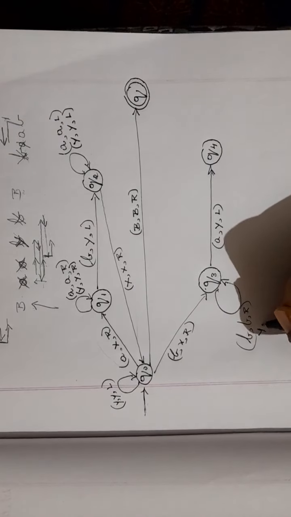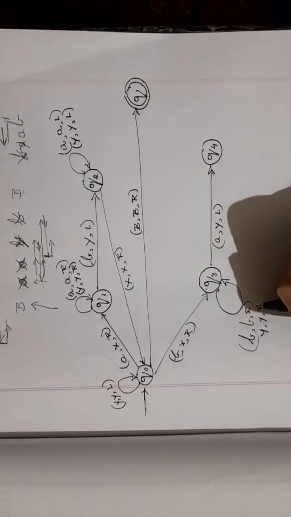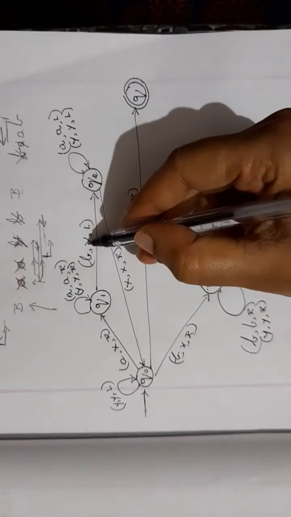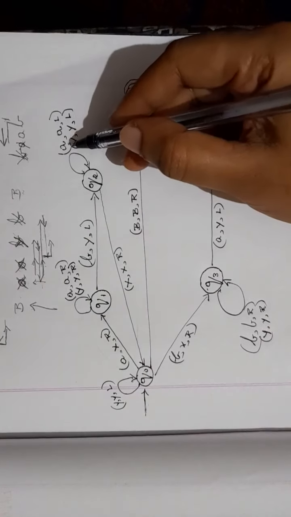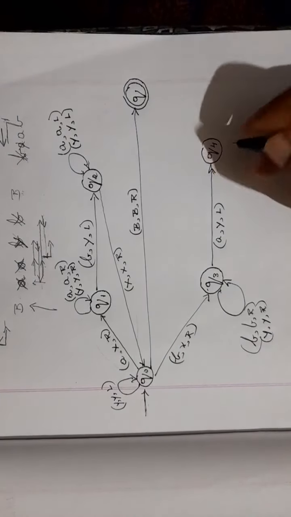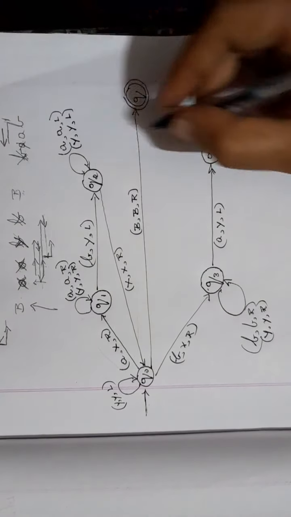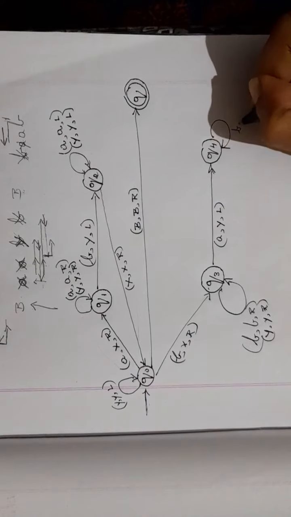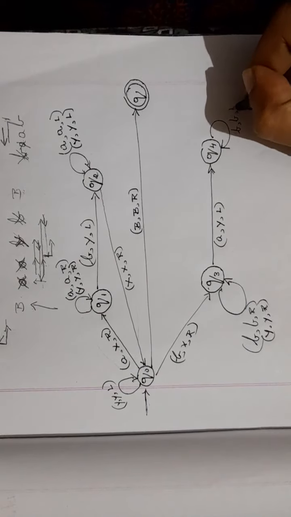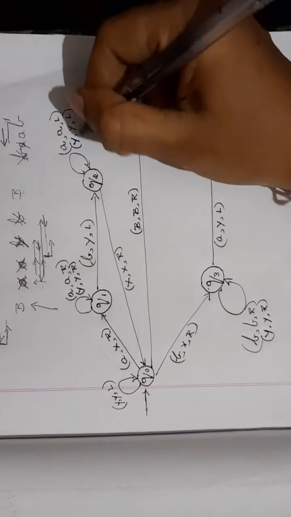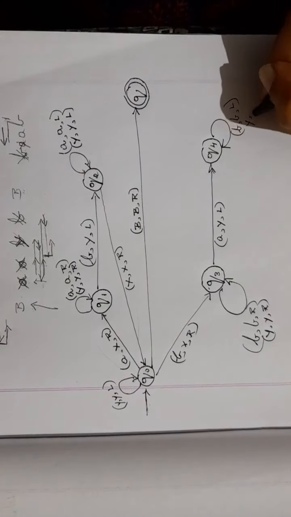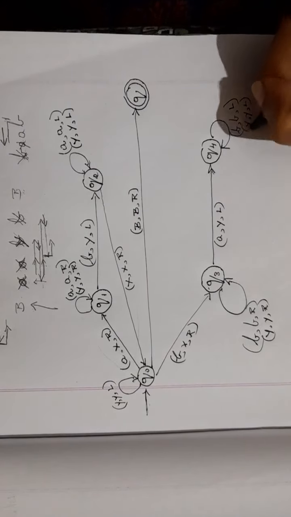So Y, I'll keep it as Y itself and then I will move right. So this is done. Here I have a loop again. So this is with respect to A, here it will be with respect to B. So for every B, keep it as B itself, move left. So after changing Y, move left.